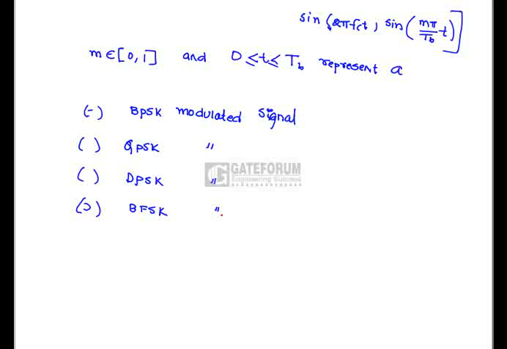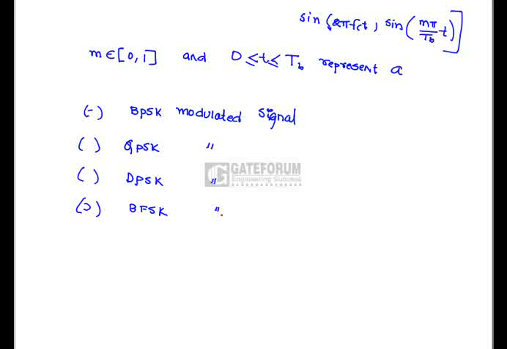If EB, TB and FC respectively denote bit energy, bit duration and the carrier frequency, the signal is s of t equals root of 2 EB by TB times cos of 2 pi fct cos of m pi by tb into t, minus sin 2 pi fct sin m pi by tb into t, where m takes values 0 and 1, and t is between 0 and tb.